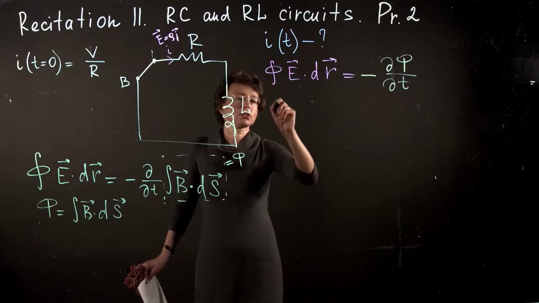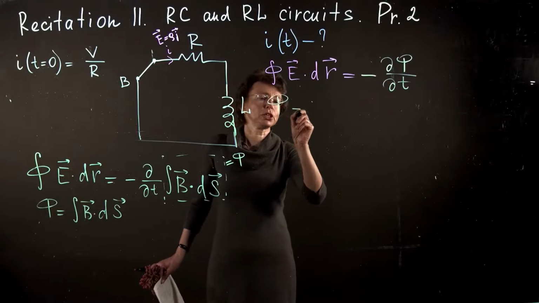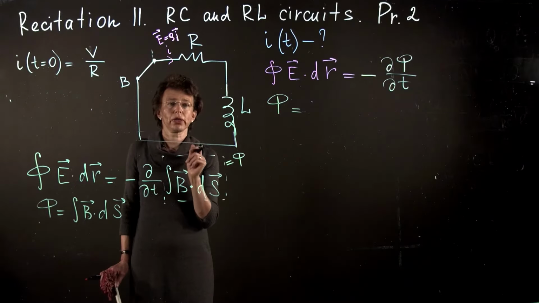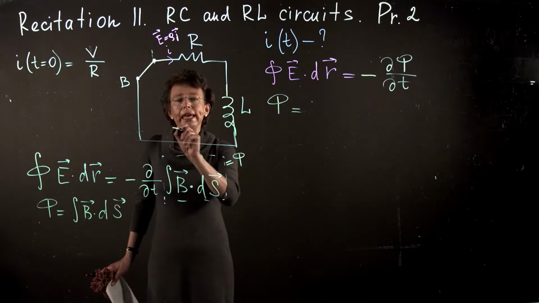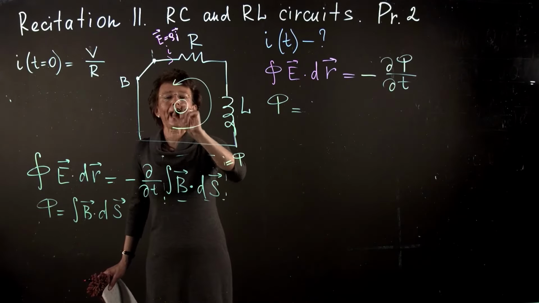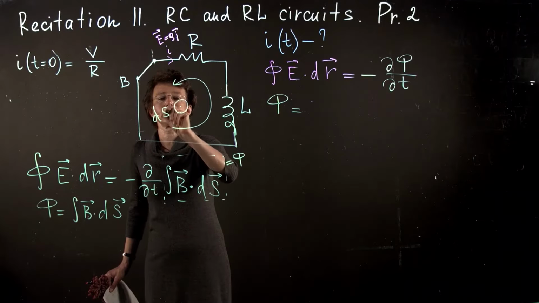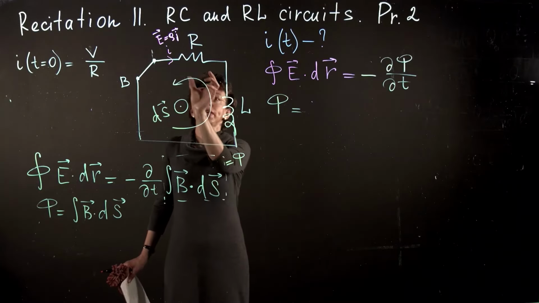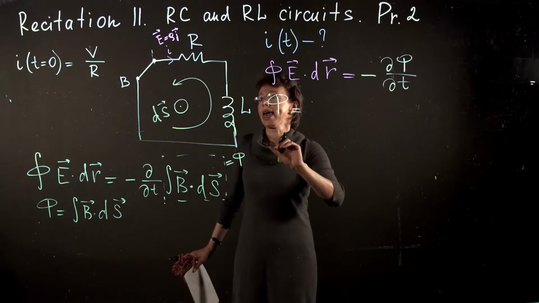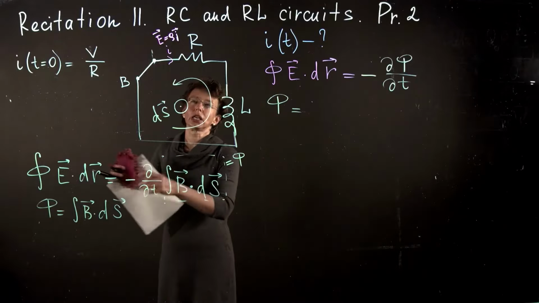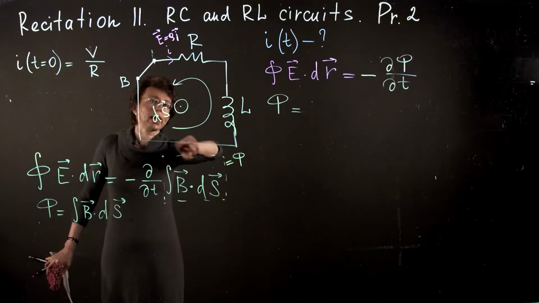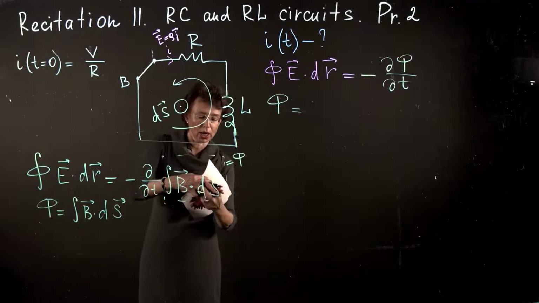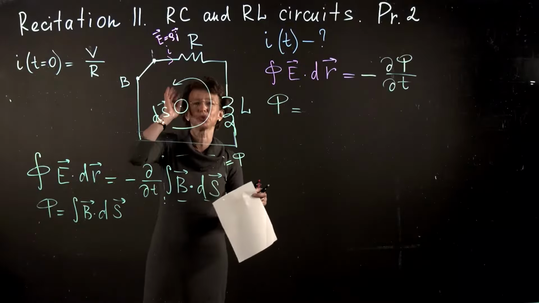So what is phi? We need to make our choices and we need to follow the steps. What are our usual steps? We again will go around the loop in the counterclockwise direction, which means ds is out of the page. Then I have current in the clockwise direction, which makes you use your right hand.